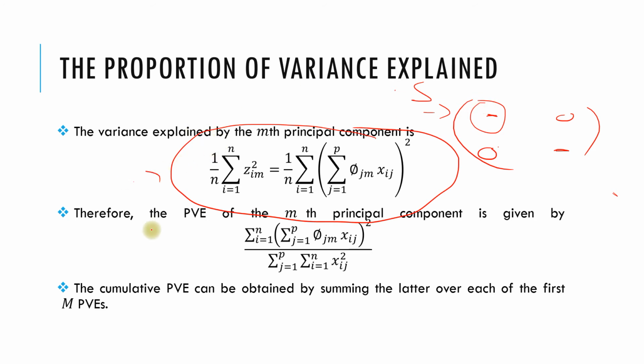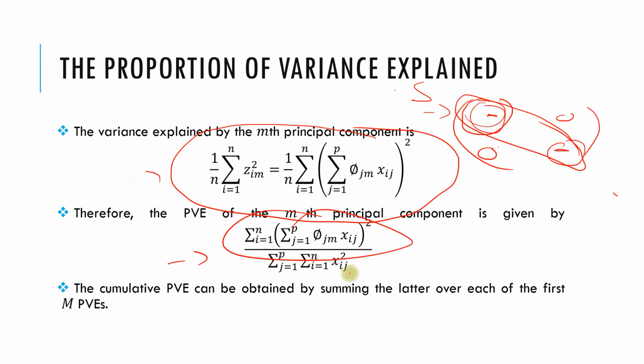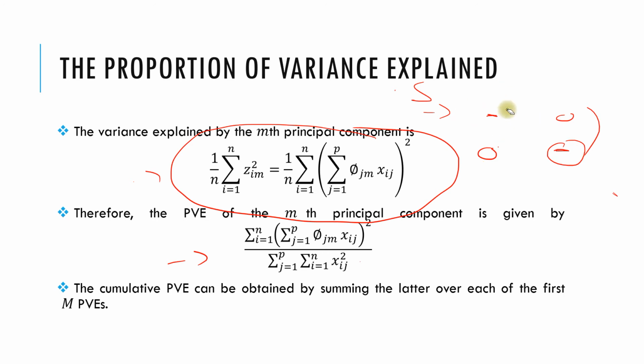If you look at this concept here, the proportion of variation that is explained here would just be equal to this value divided by the total variance that is explained in the data, right? Value explained by component M equal to 1. M represents the component here.